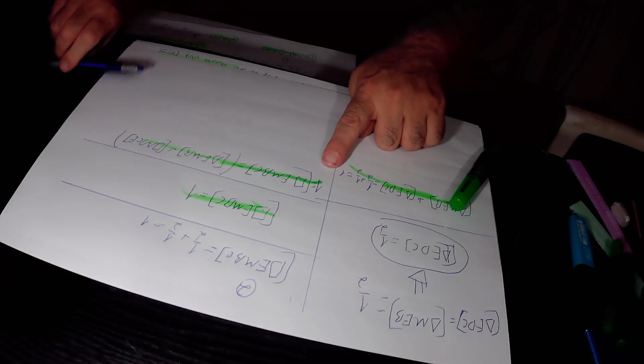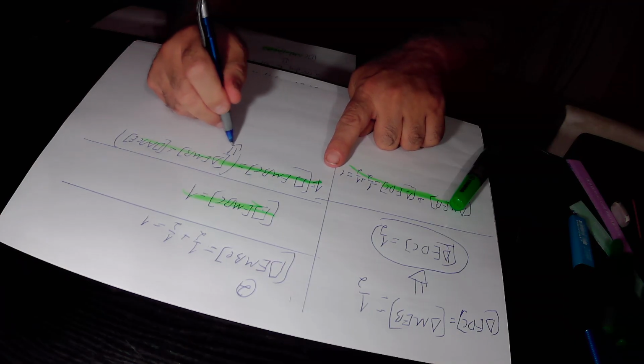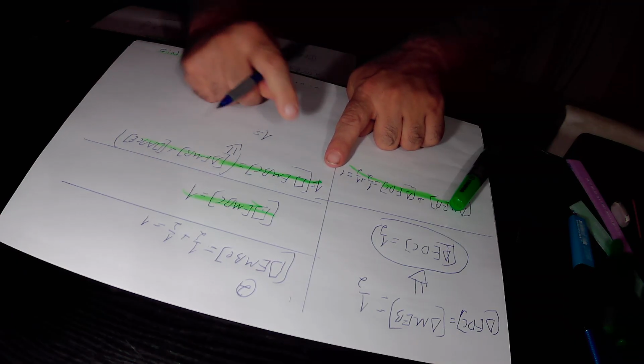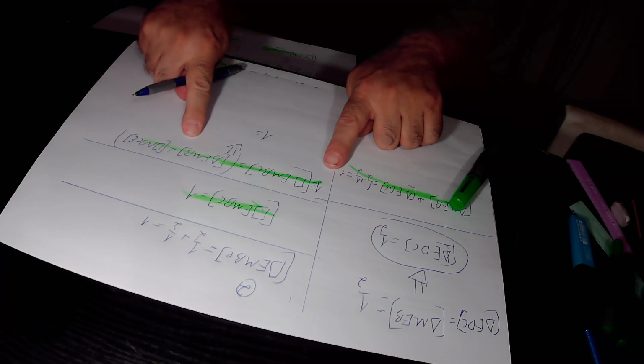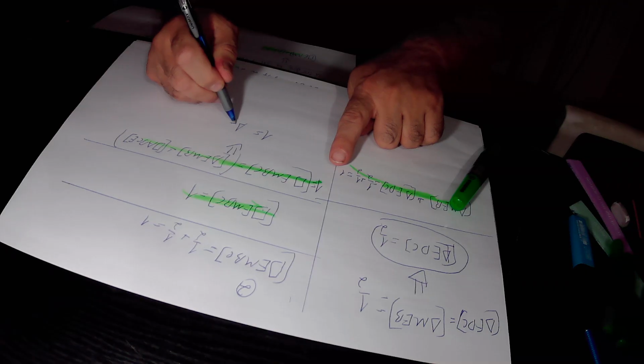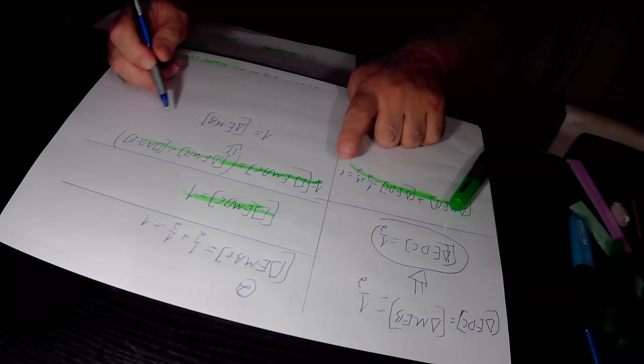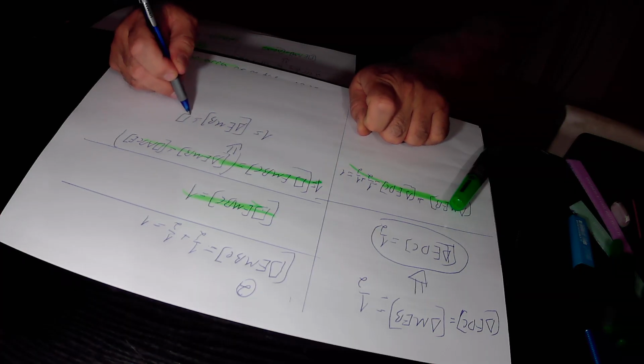Therefore, I know that 1 equals the area of the green triangle EMB plus the area of quadrilateral ABCE.